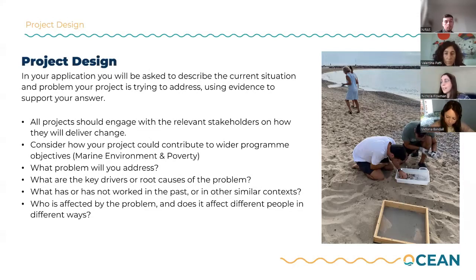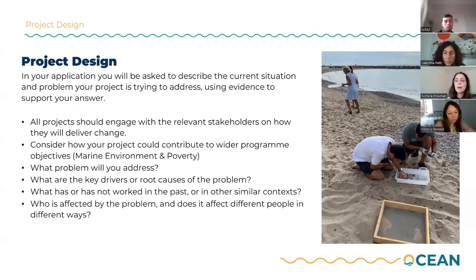So one of the key areas to be clear on when you apply is knowing what problem you're going to address. But more than that, we want you to also think about the key drivers and the root causes of the problem and whether or not your project is able to tackle those key drivers or root causes.